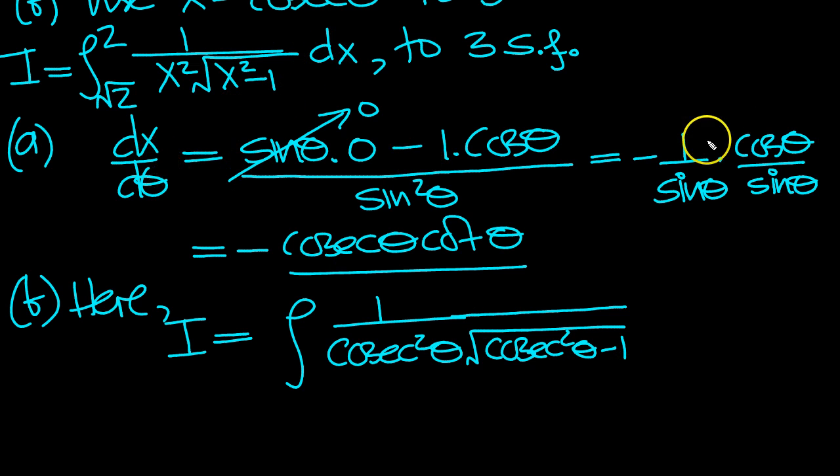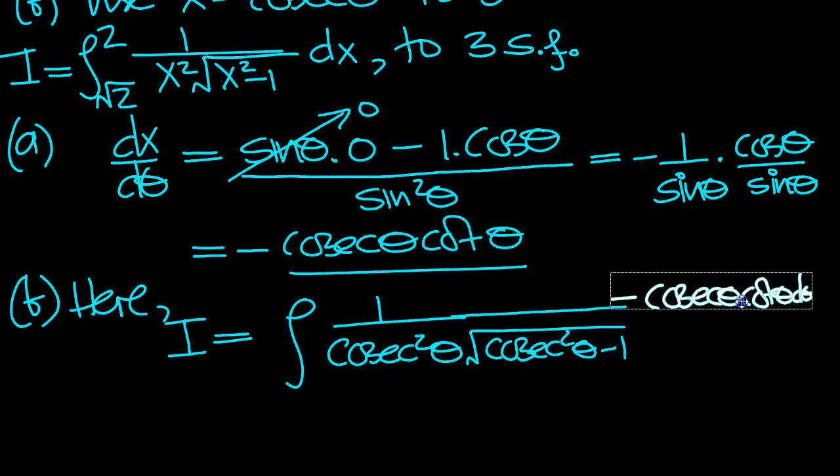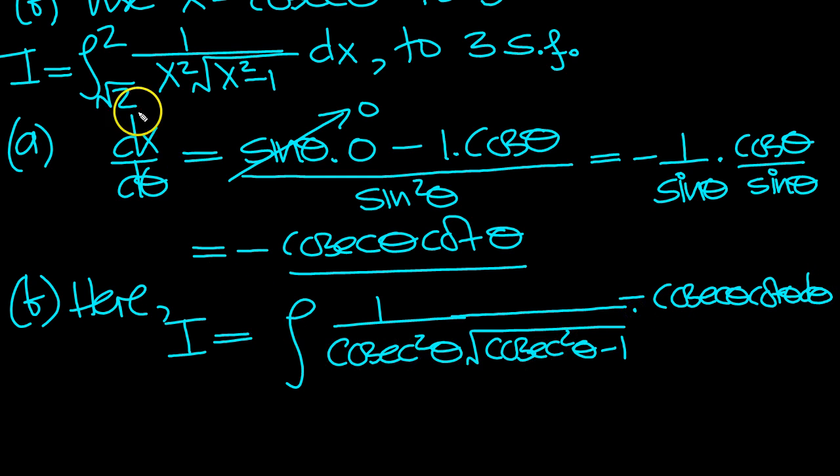Now dx is equal to minus cosec theta cot theta d theta. Right, so that's what we had. We'll worry about the bounds in a moment.